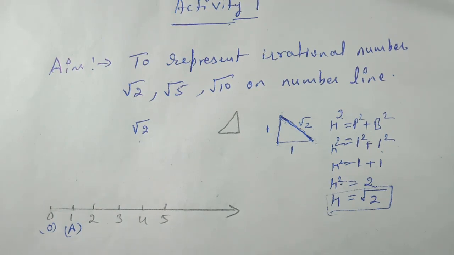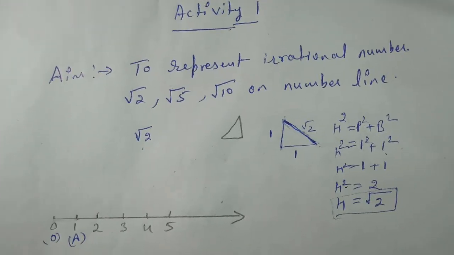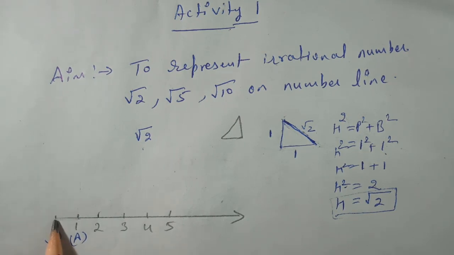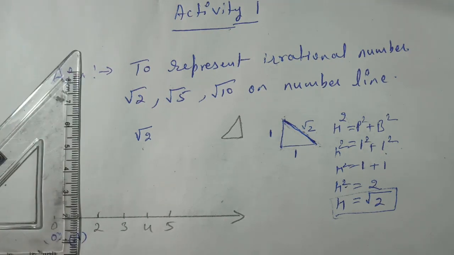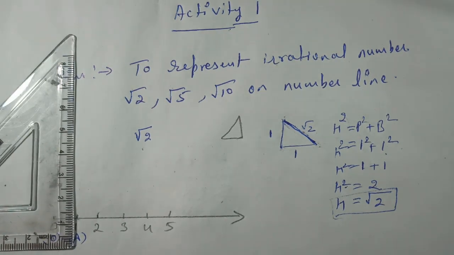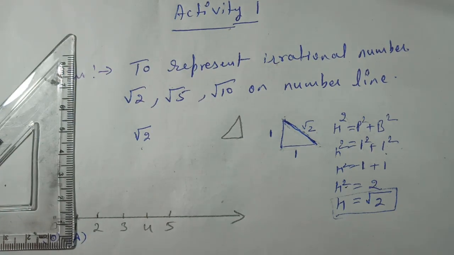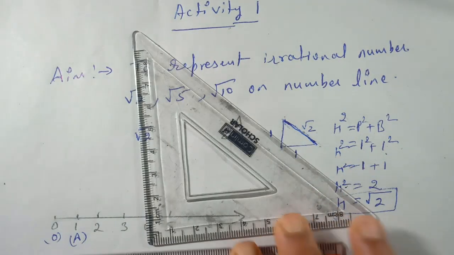For drawing the perpendicular, we take this as 1 unit and taking O as a center, we draw a perpendicular. For drawing the perpendicular, you can either use the compass, or you can draw it using the scale and this set square.